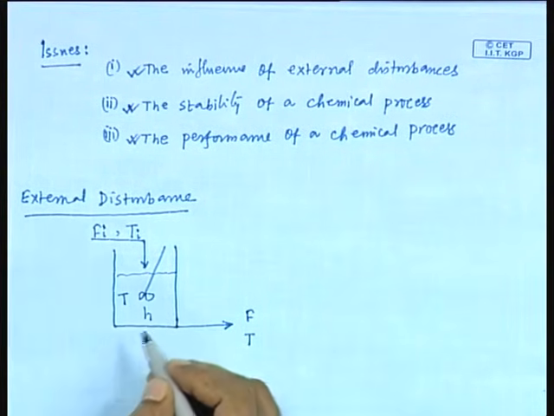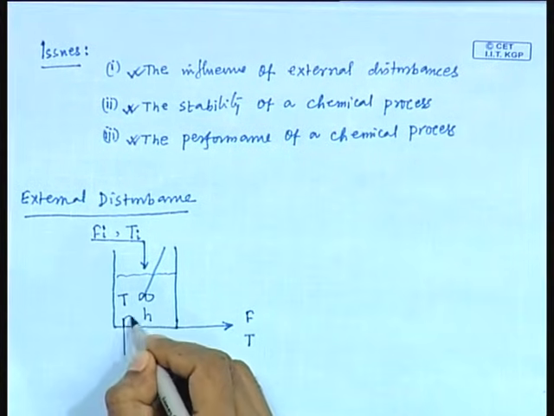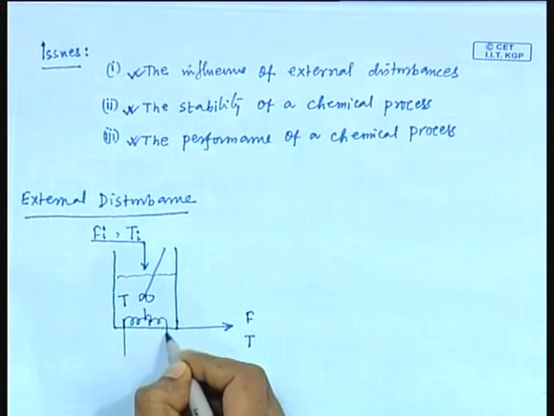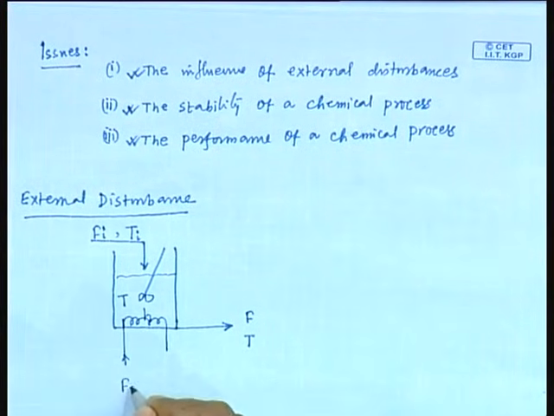Now to heat up this process, we need to introduce one coil through which steam is going with a flow rate of F suffix St. Fine. So this is a heating tank system.